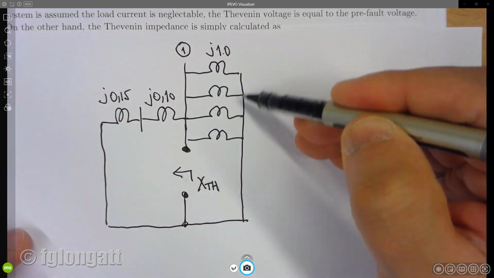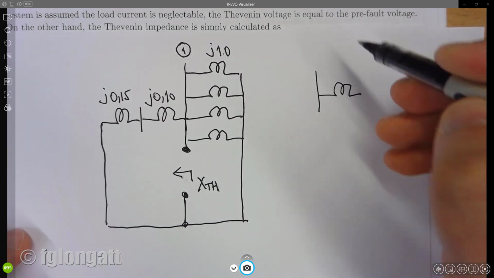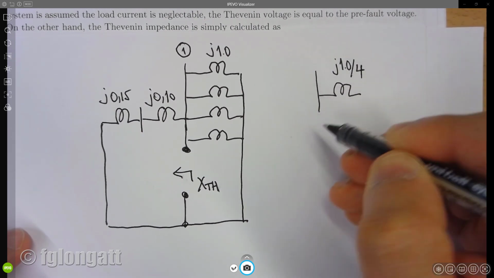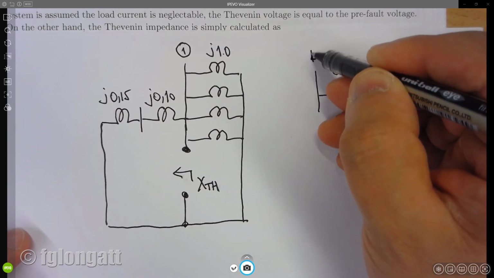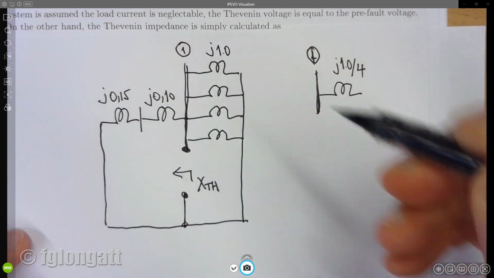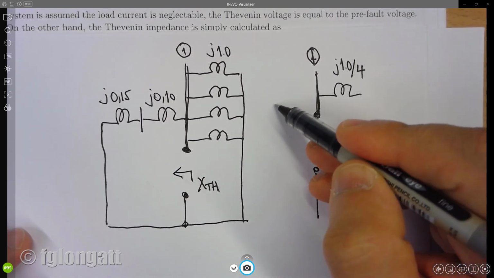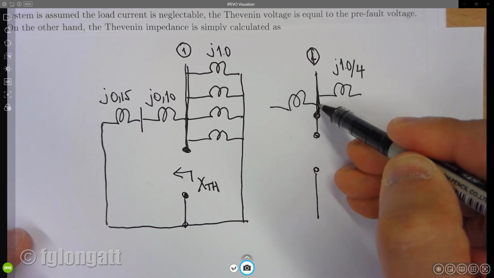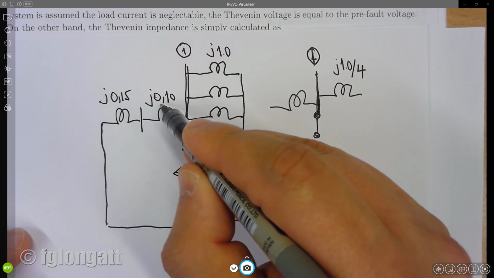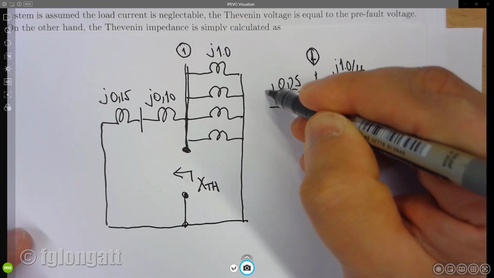I believe all my students can see that those guys are in parallel. That means this reactance here is 1.0 divided by 4, and this is the bus bar number 1. Here we have this terminal, and on the other side we have 0.15 plus 0.10, that is 0.25J.